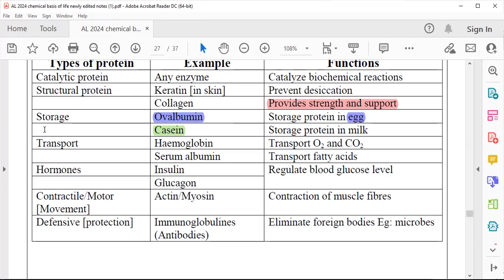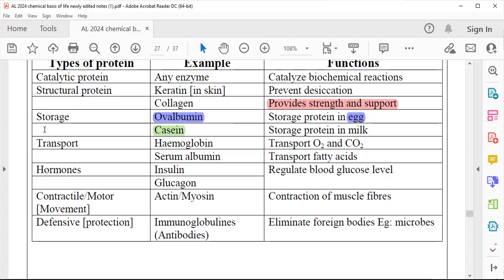Both of them are involved in one activity: regulating blood glucose level. Insulin will decrease the blood glucose level. Glucagon will increase it.